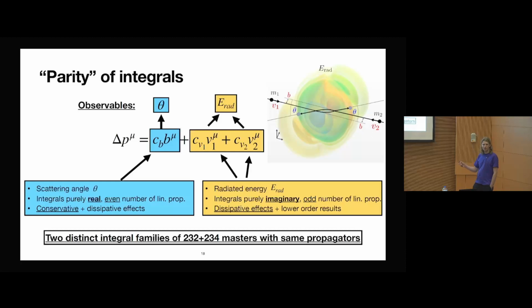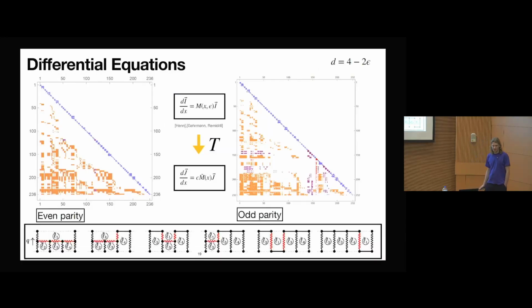And if we looked only at conservative motion, this integral would actually factorize into lower loop orders. Also, these two integral families don't talk to each other, so we can really look at them as two separate families with around 230 master integrals. So we can also look at the differential equations of them separately.